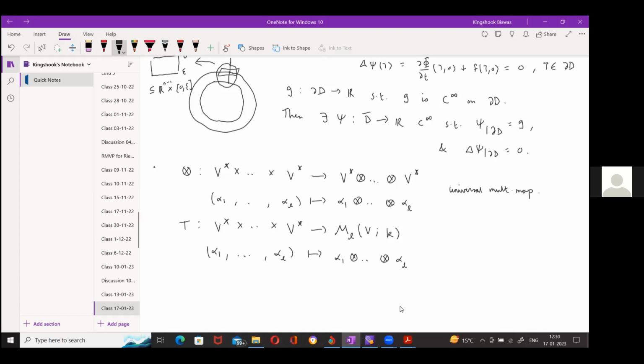This space of multilinear functions is very concrete, right? You can write it explicitly. So this concrete tensor product takes values in the space of multilinear functions. Okay.